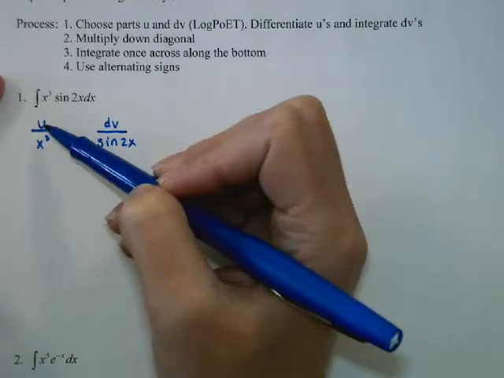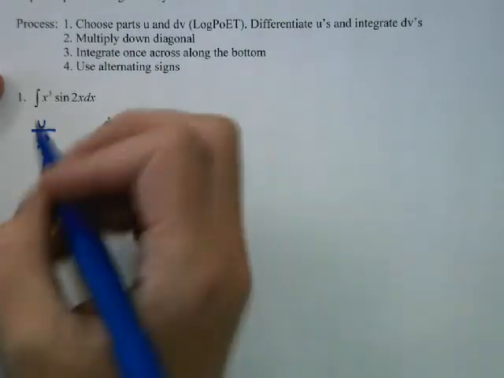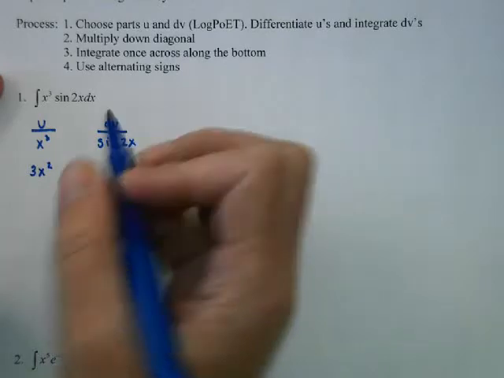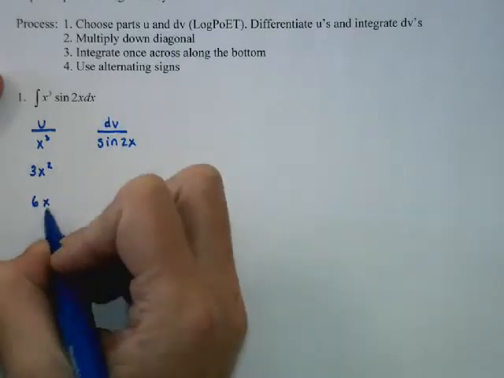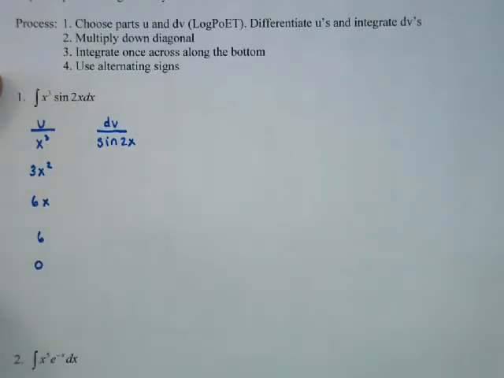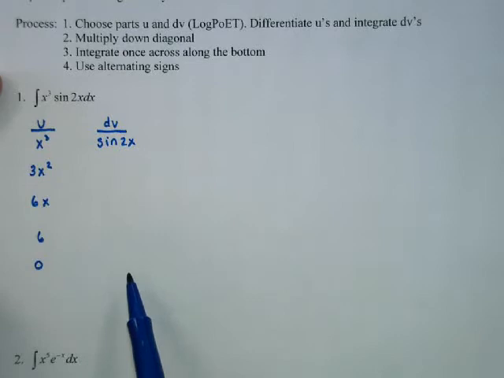So I'm going to differentiate this side, and we know the polynomial will eventually go to 0, so we're going to stop there. So we're going to have 3x squared, 6x, 6, and 0. I'm going to integrate this side that many times.